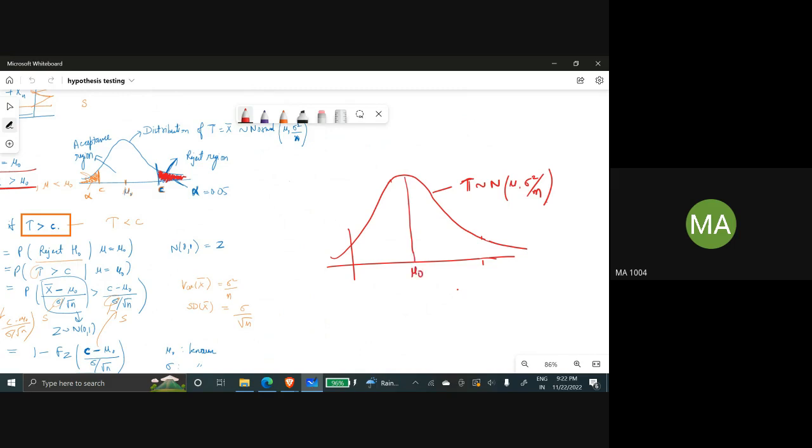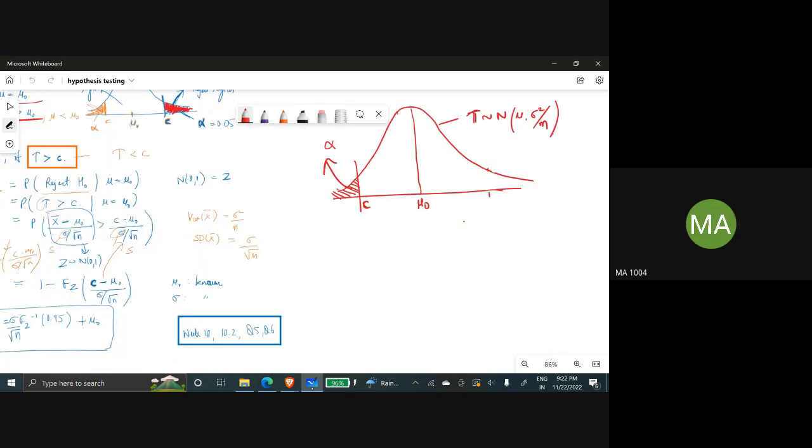My test is that we reject H naught if T is less than C. So our C will be somewhere here. T less than C means this part. That is our alpha, and anything to the right of this line is the acceptance region. Okay, ma'am. Now got it.